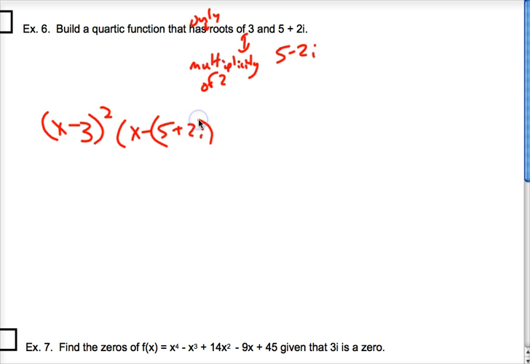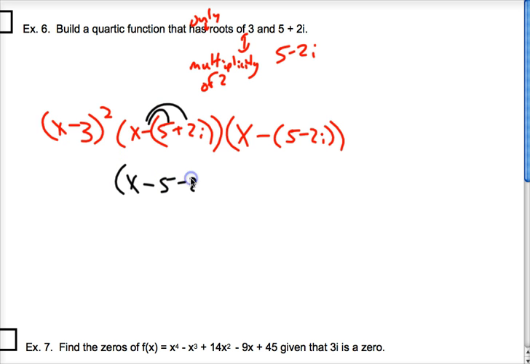Make sure you minus the whole thing. x minus 5 minus 2i. Ooh, scary. We can do this. Let's clean the stuff up on the right here. Let's change this to x minus 5 minus 2i. x minus 5 plus 2i.